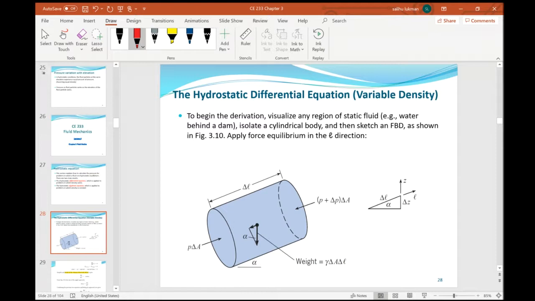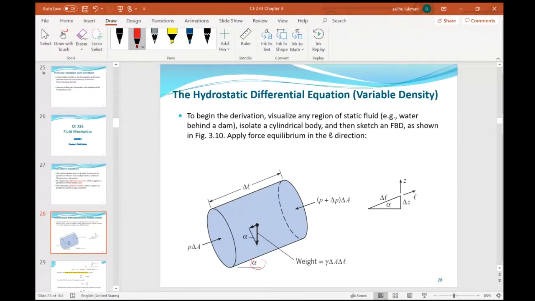So here, to begin the derivation, you can visualize any region of static fluid, e.g. water behind a dam, and isolate a cylindrical body, and then sketch a free body diagram as shown.